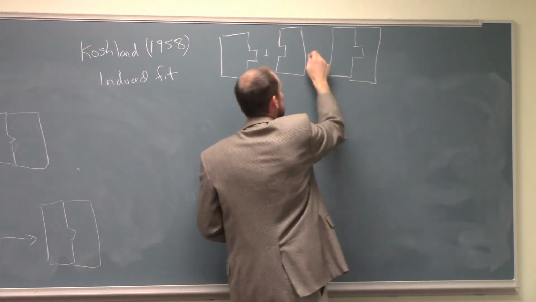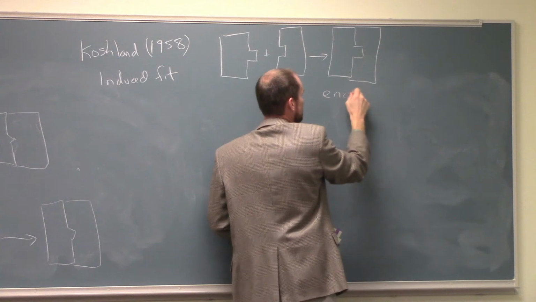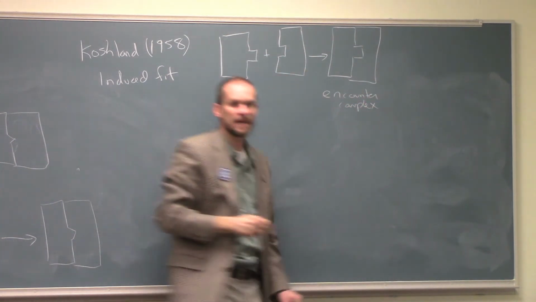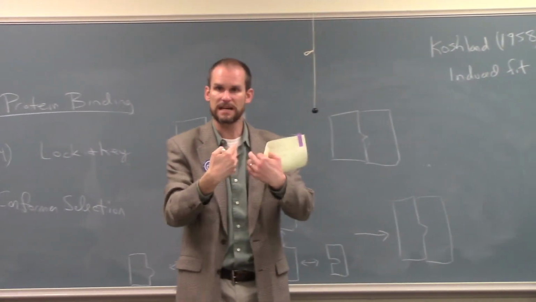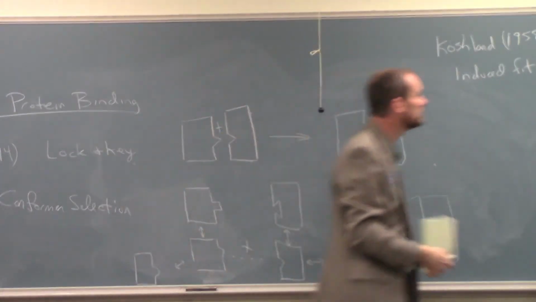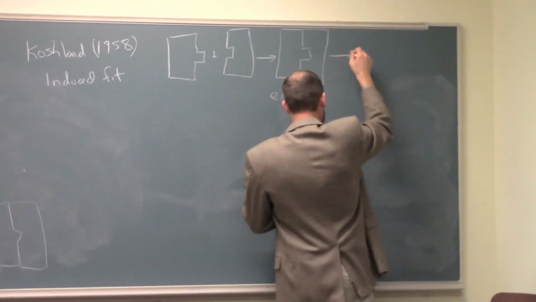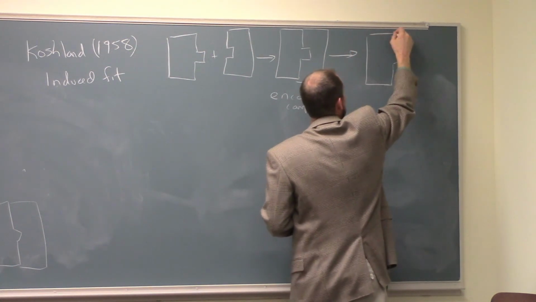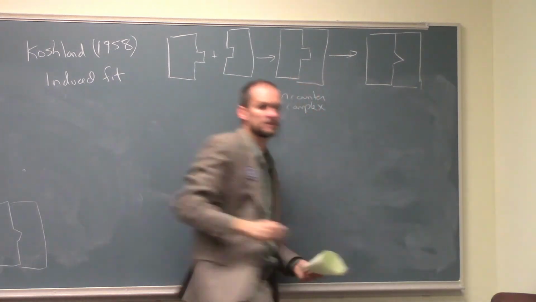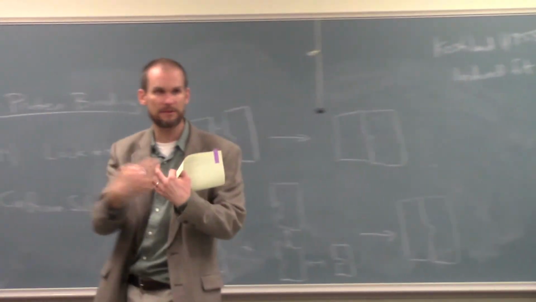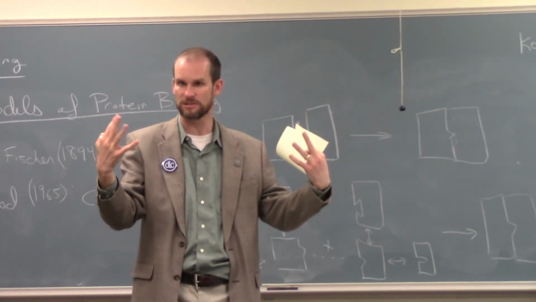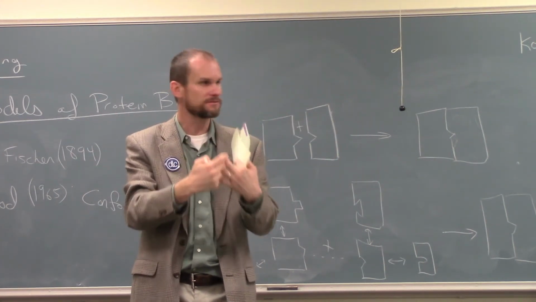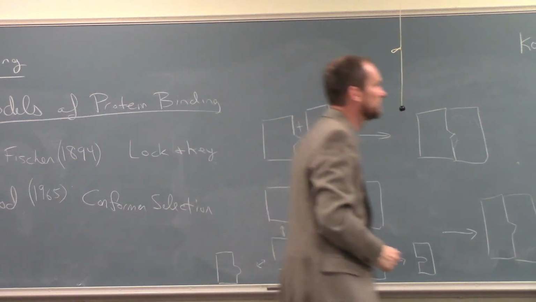And that might not be the final configuration, but after they come in contact, the interactions between the two of them cause conformational change, and then they take on a different bound configuration. So they come together in one conformation in solution, and the contact between them causes them to shift to a different conformation that is the bound state.